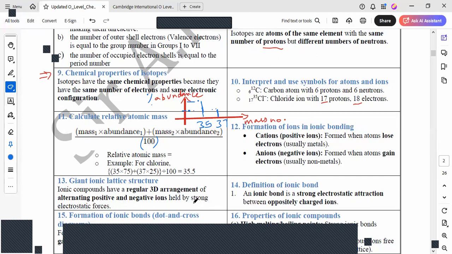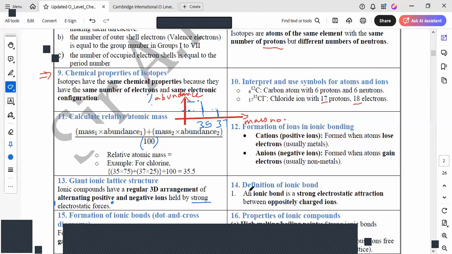When you are asked why ionic compounds have a high melting point, most students write that they have strong intermolecular forces. No, intermolecular forces are for molecules, which are formed by covalent bonding. For ionic bonding, you use the words electrostatic force. This is an important thing to remember.